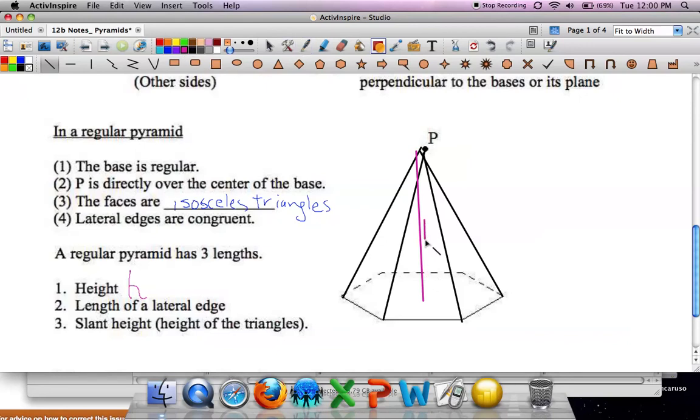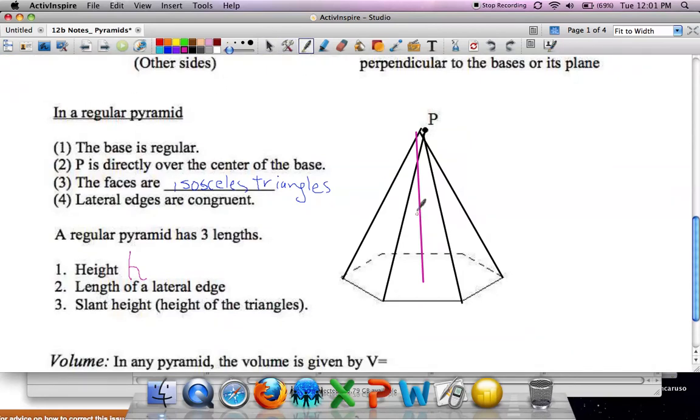We call that H. The height is perpendicular to the base.